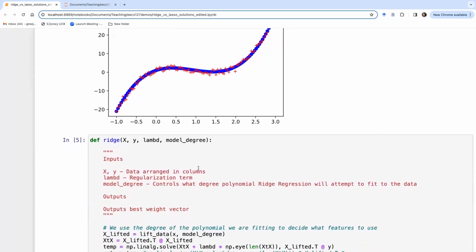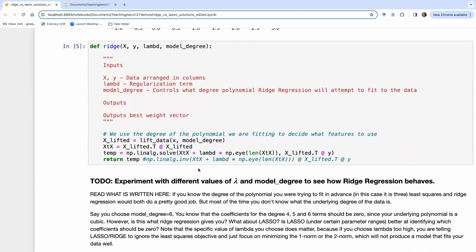So here, let's think about this. In that entire experiment, we assumed that we knew the degree of the polynomial. Whenever we're doing a least squares fit for polynomial fitting, we say, OK, I know this is a cubic polynomial, let me find the best cubic fit, or quartic fit, whatever it is.